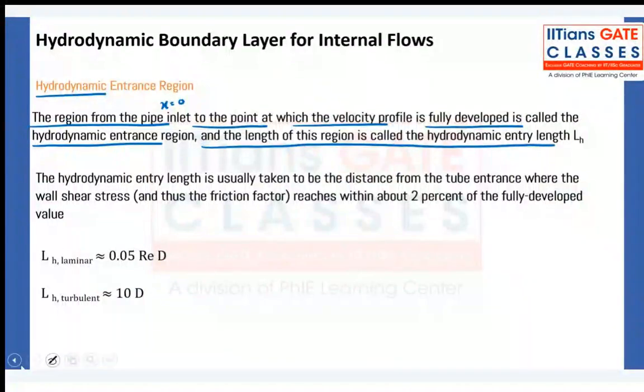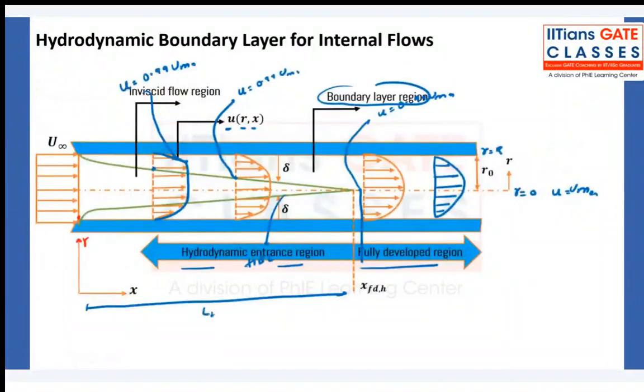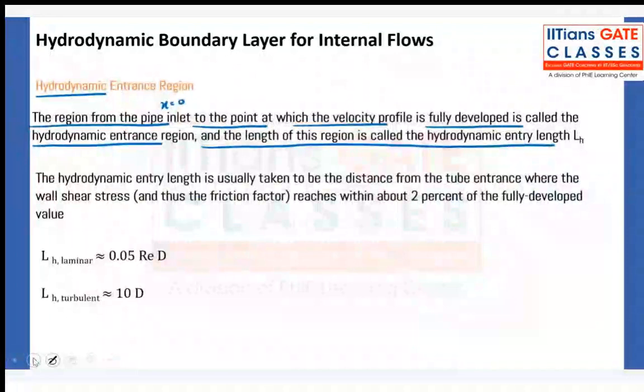So this is LH. The hydrodynamic entry length is usually taken as the distance from the tube entrance where the wall shear stress reaches within about 2% of the fully developed value. So your wall shear stress keeps on reducing and reaches 2% of the fully developed value.